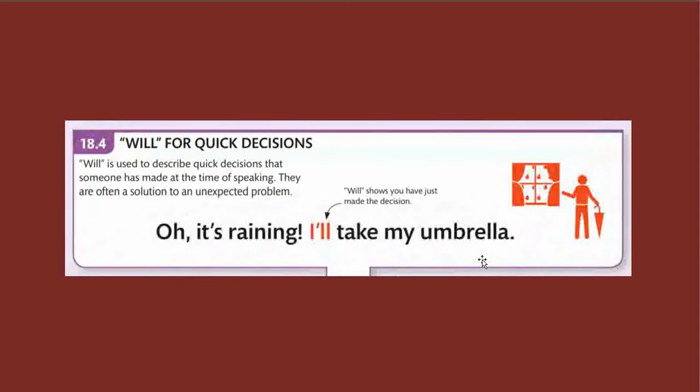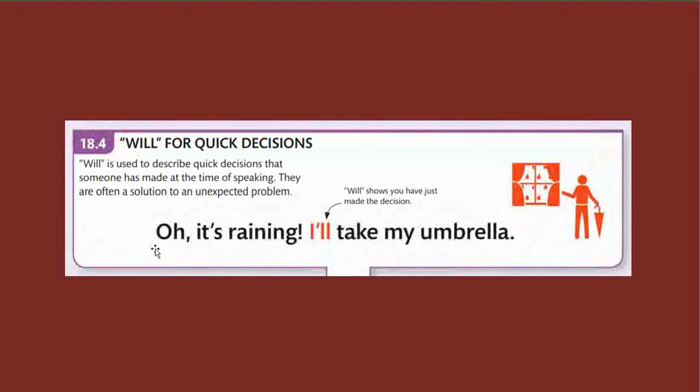Let us proceed. The next pointer that we have in this video is will for quick decisions. Will is used to describe quick decisions that someone has made at the time of speaking. That is spontaneous decisions. They are often a solution to an unexpected problem. For example, if you're discussing some problem on the spot, when you make a decision, in that case you can use will.